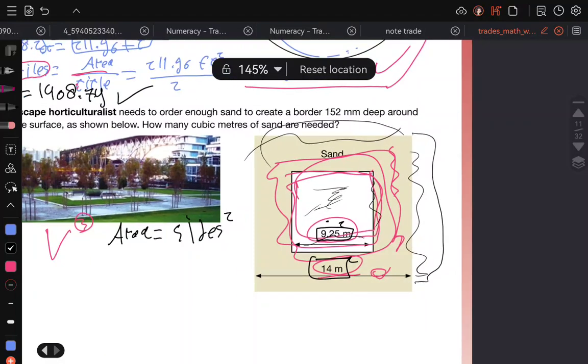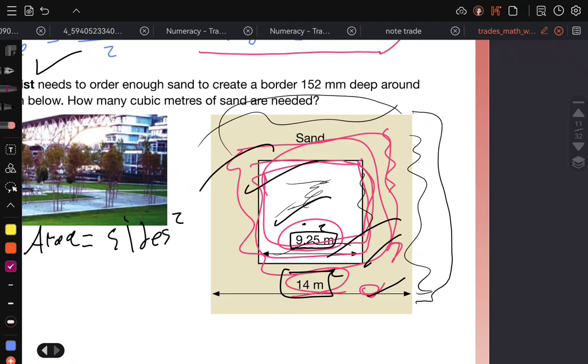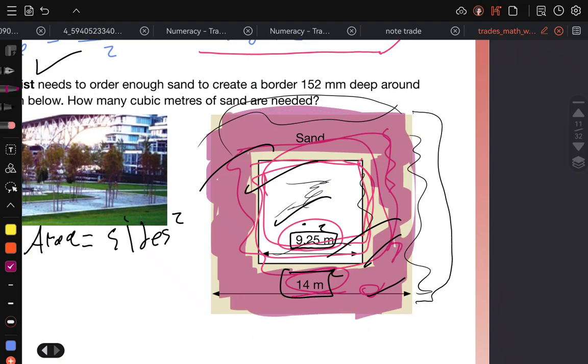But we don't want the whole area. We only want this area. And how can we calculate only that? If we just use this one, 14 multiplied by 14, it's gonna be the whole thing, and we don't want that.